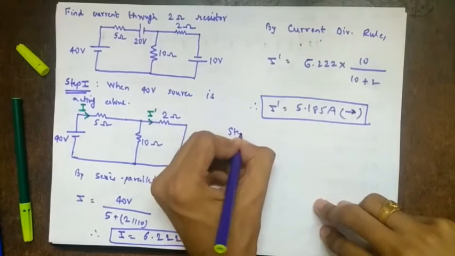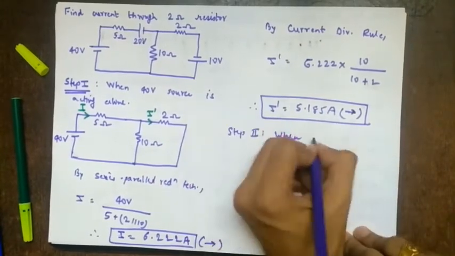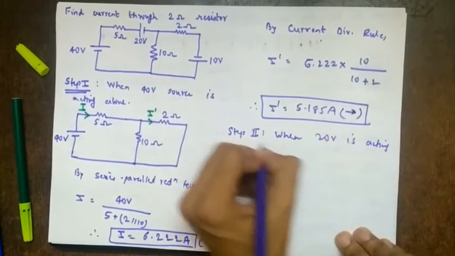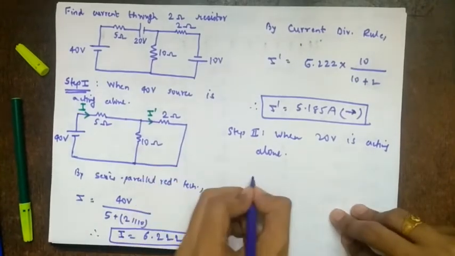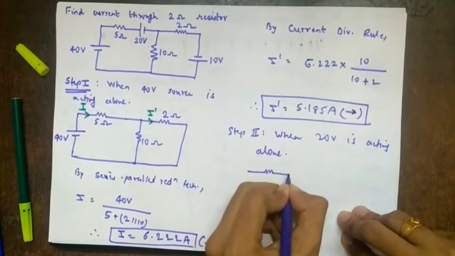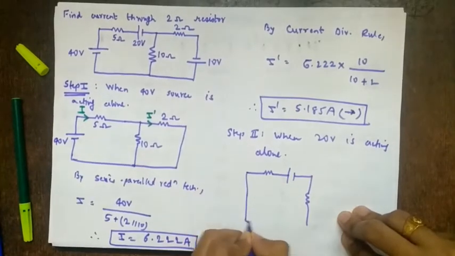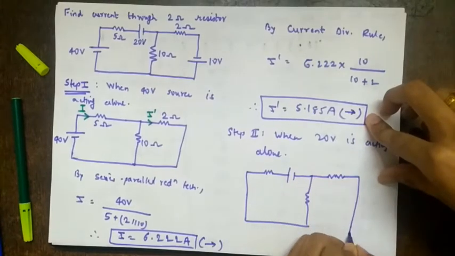So next step 2. When 20 volts is acting alone, right? So again 40 volts will be shorted. We'll draw it like this. 10 volts will also be shorted.